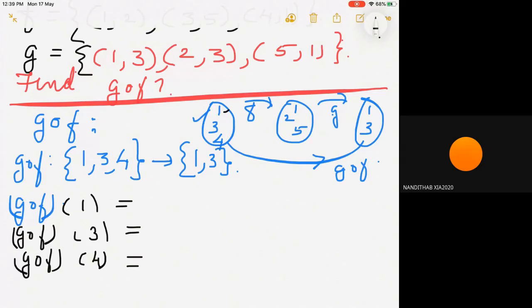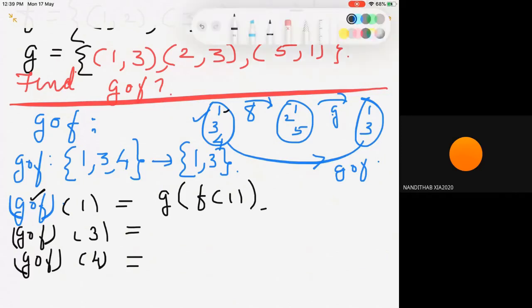Now you have to go to the basic definition of composition. When you break this composition, it will come like G of F of 1. The interior function's value, F of 1, you write first.